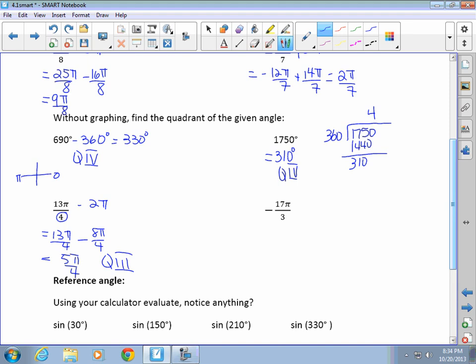Negative 17 pi over 3, so because this is negative, I'm going to add my 2 pi on there. So that means I'm going to have negative 17 pi over 3 plus, with the denominator of 3, I multiply by 3, so that's 6 pi over 3. So that equals negative 11 pi over 3.